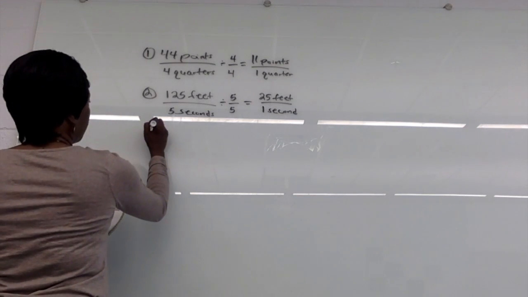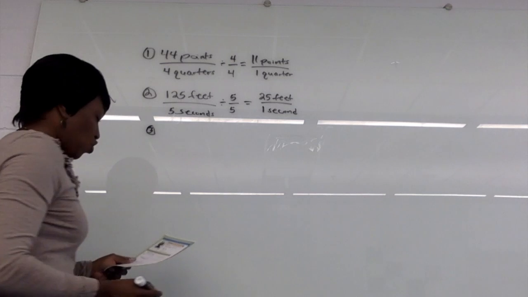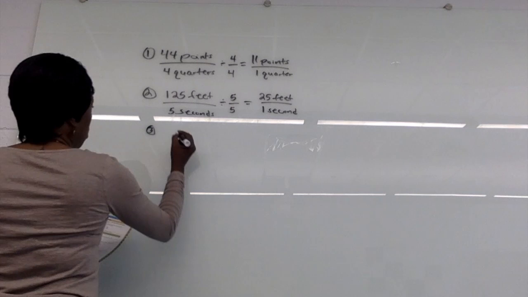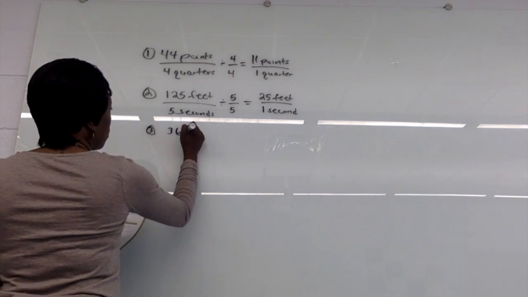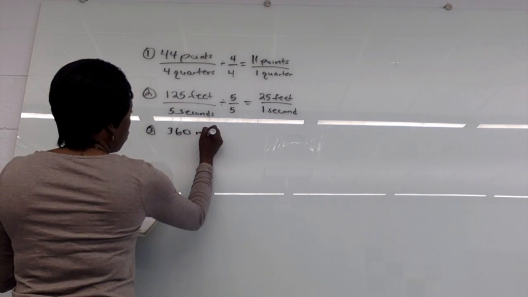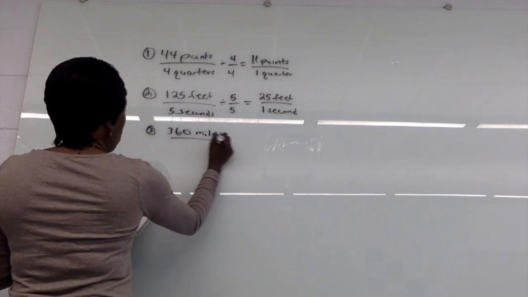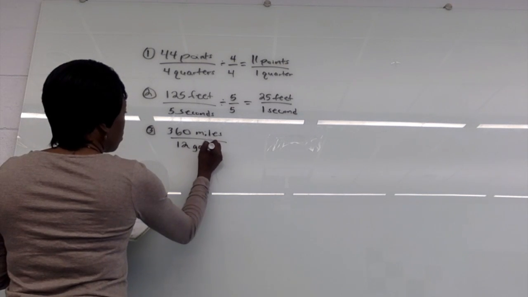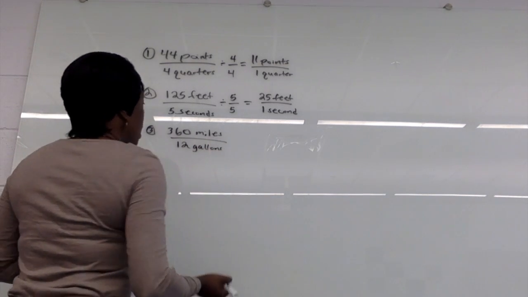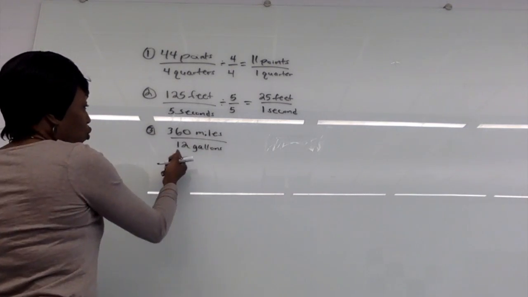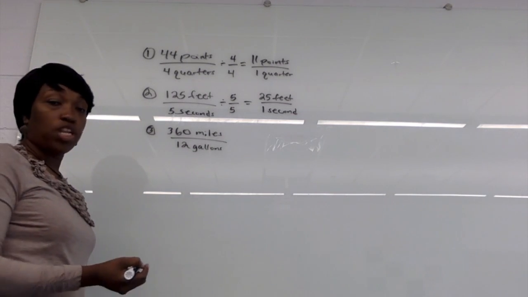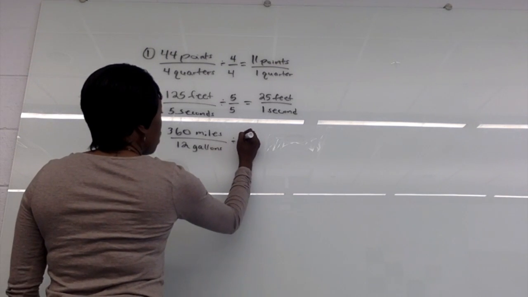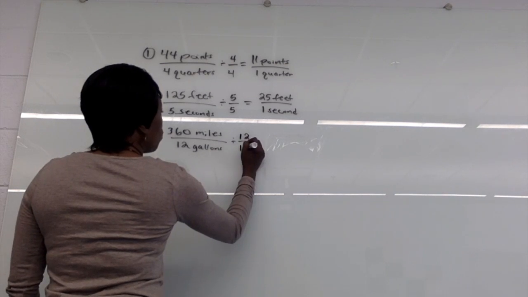Number 3. It says 360 miles traveled on 12 gallons of gasoline. So once again, we're going to write 360 miles in our numerator over 12 gallons. We want to make sure what is the greatest common factor between 360 and 12. 12 can go into 360 evenly, and 12 can go into 12 evenly.